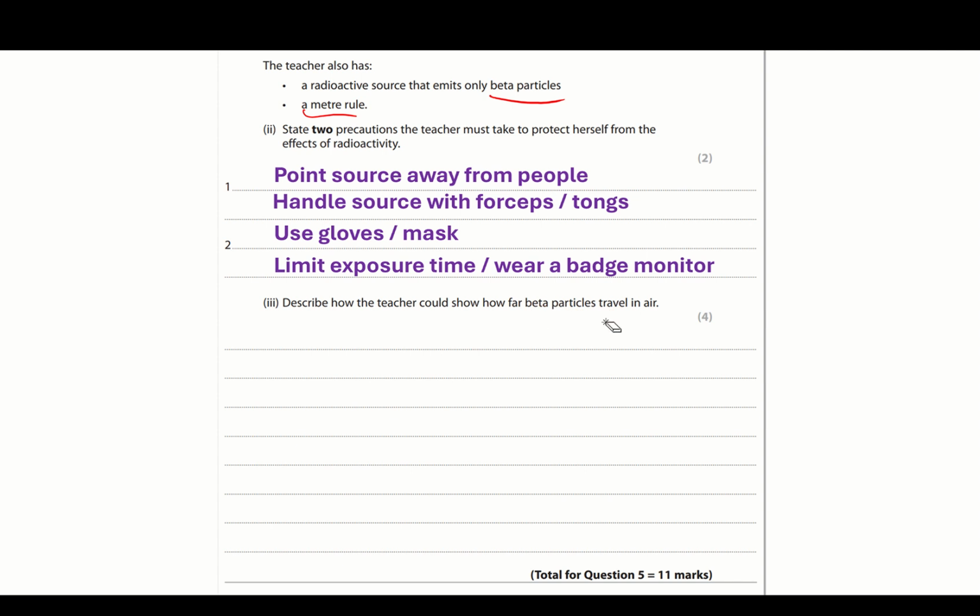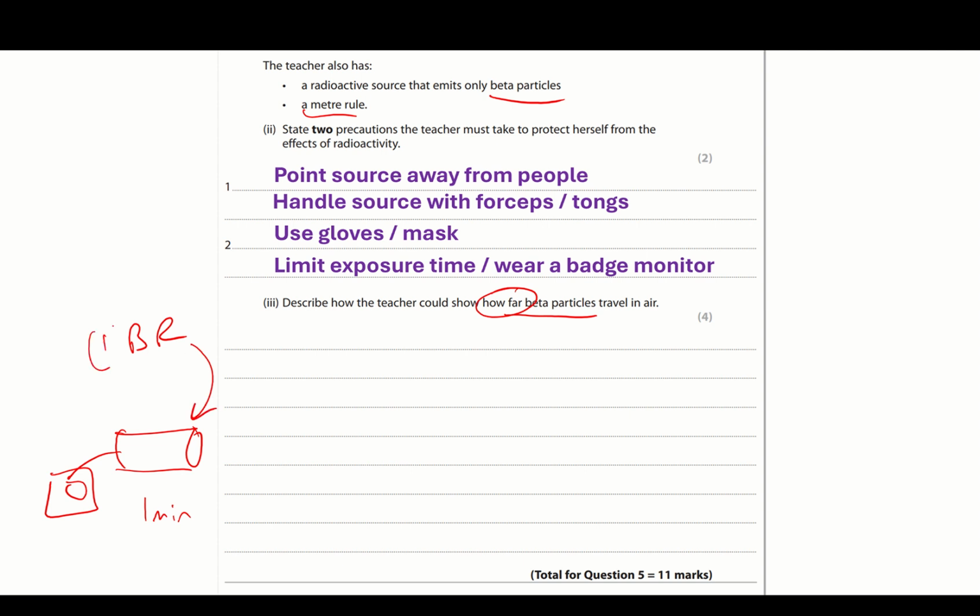Now, what loads of students did is they started talking about putting metal in front of it. That doesn't tell you how far. So the basic idea for this is get a Geiger counter, put the beta source, I'll put a B, right next to it, and move it away. But clearly, before I do that, I need to know when to stop, and we know that we've got background radiation. So before we do anything with radioactivity in a Geiger counter, we leave it for a minute to just measure the background radiation.